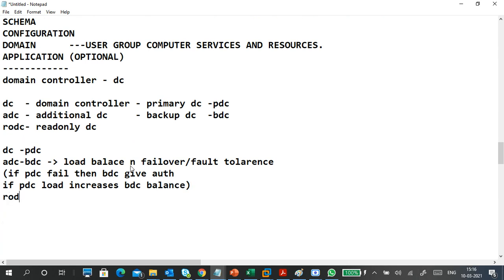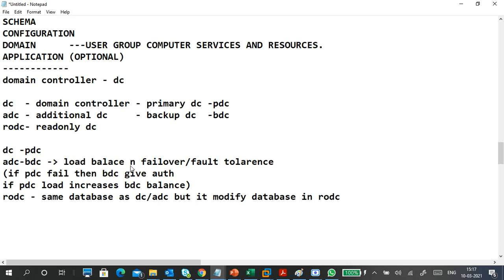Next, RODC. What is the purpose of RODC? It contains the same database as DC and ADC, but we can't alter it in RODC.